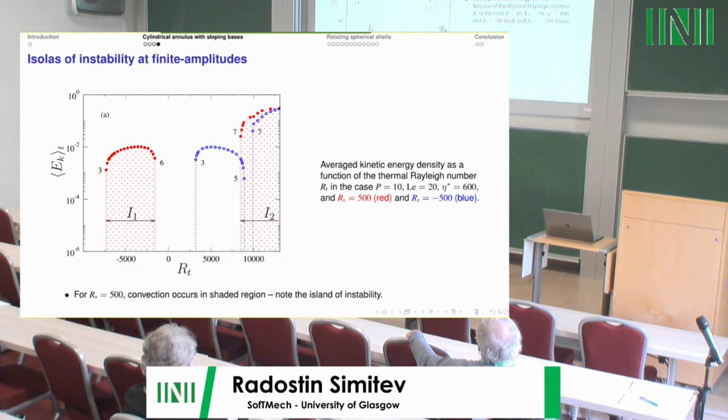In the red case, where the solutal Rayleigh number is destabilizing, there is a region here of instability, which then disappears as you continue to increase the thermal Rayleigh number, and then you enter another region of instability further on in terms of Rayleigh number. So these here are the critical wave numbers where the onset happens.